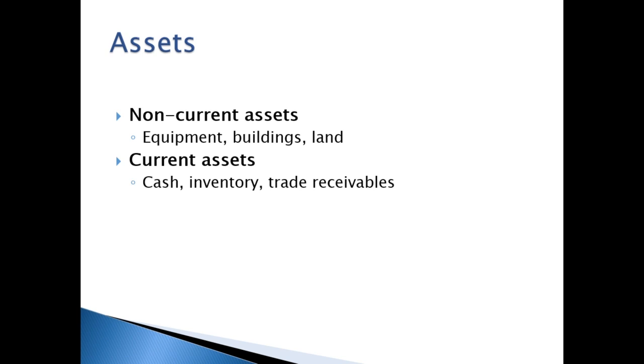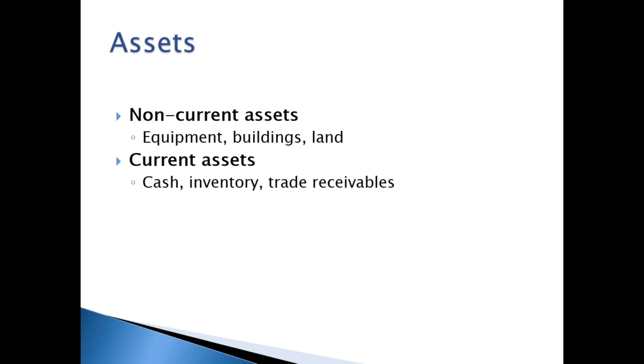Non-current assets are also known as fixed assets, and these are things used by the company over time to carry out its activities. So land, buildings, plant and equipment, or long-term investments, by which we usually mean shares in another company. And then the current assets, these enter and leave the business regularly in the normal course of business.